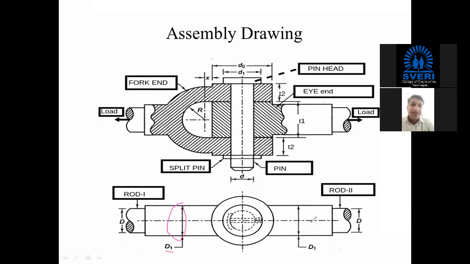Whereas on the other side, that is also a second rod, and there the extended part we are also going to call D1. Single eye and double eye. On the double eye side, D is the diameter of the rod, and D1 is the diameter of the extended part. Then on the single eye also, capital D is the diameter of the rod, and capital D1 is the diameter of that step which has been extended on that single eye.